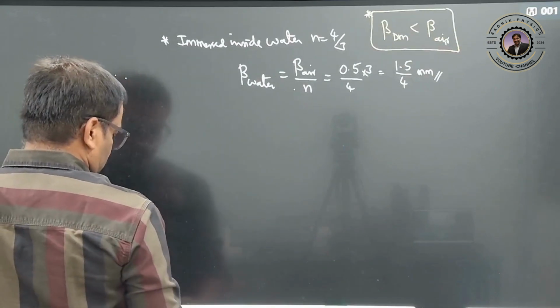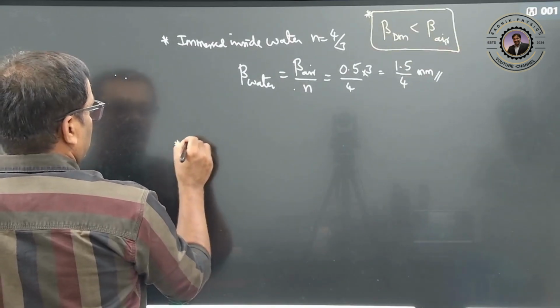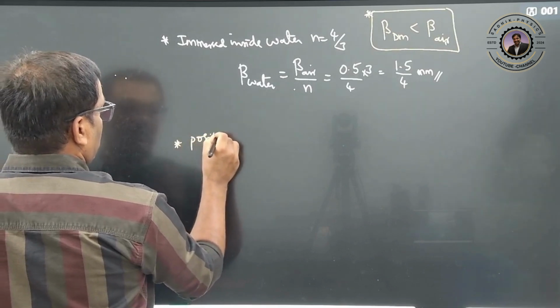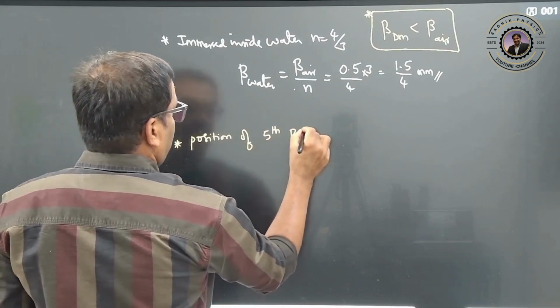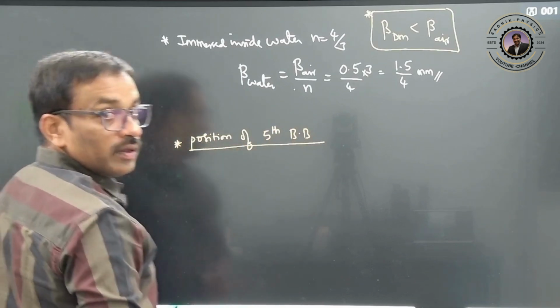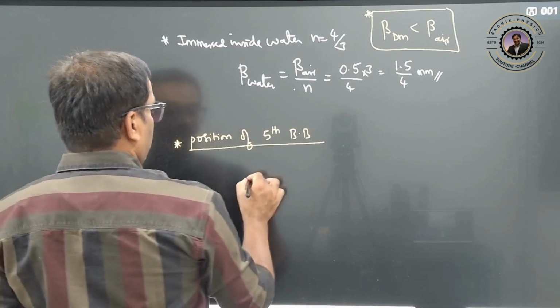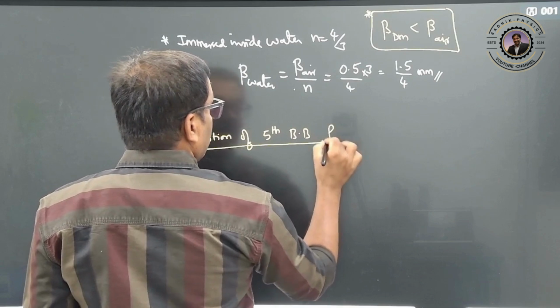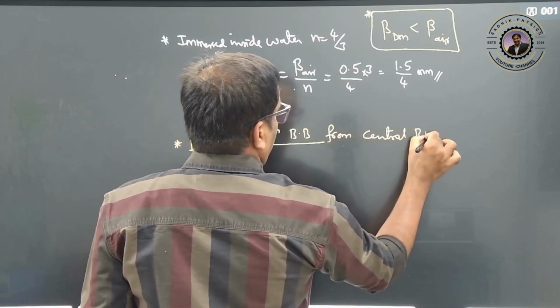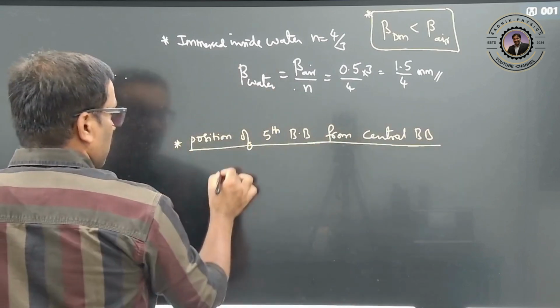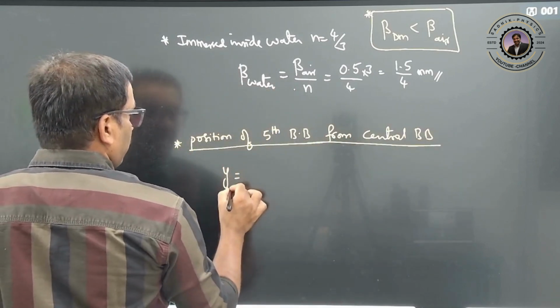So they may ask you the distance between the... one more question, we can write it as the position of the fifth bright band from the central maximum. So from the central bright band, he is asking y5.